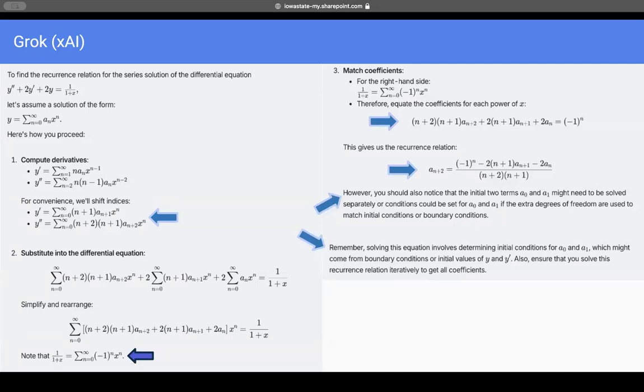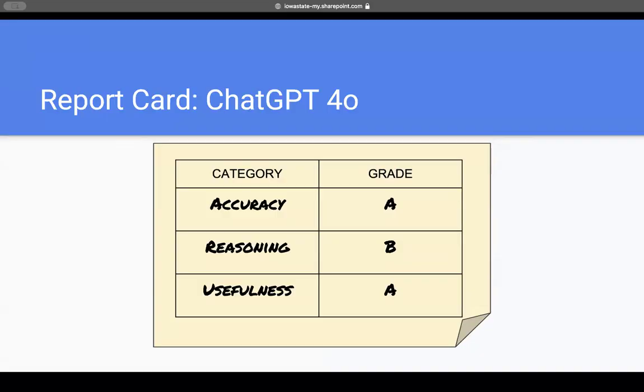I don't know why it reminded us twice, but that's okay. And this problem didn't have initial conditions, so we don't have to worry about it anyway. So overall, I'd say this one, again, accuracy and usefulness, both A's. It did everything we needed it to do.